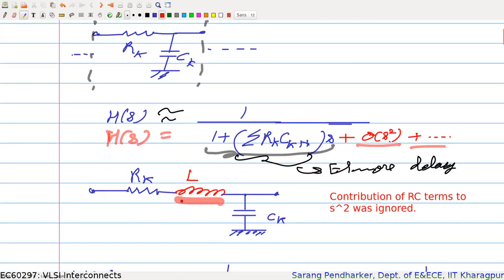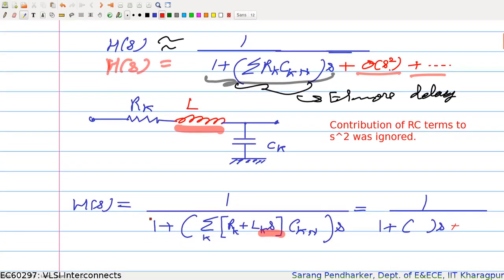Now when we introduced an inductive term, what we were doing is that we started with this term of R, and then this R was replaced by a combination of R_k plus L_k s.